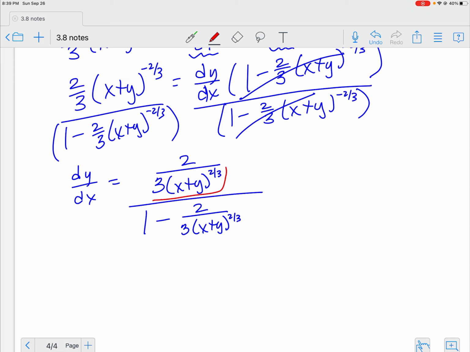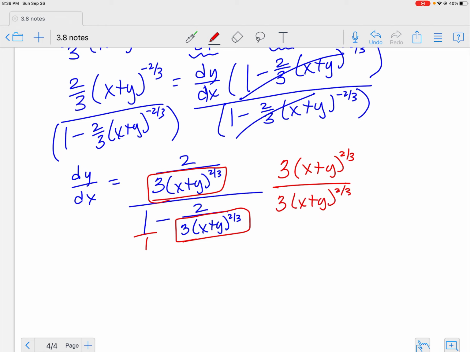So my common denominator is this, because this is over 1. So I'm going to multiply the top and bottom by 3 times (x plus y) to the 2/3 over 3 times (x plus y) to the 2/3. Get some algebra going for me. And then I distribute that.